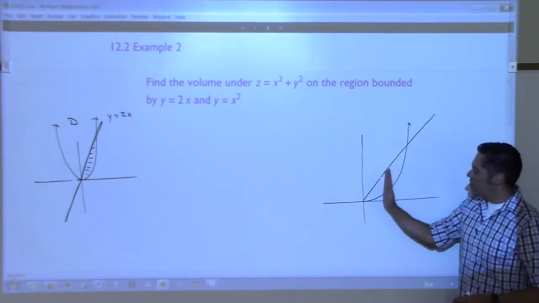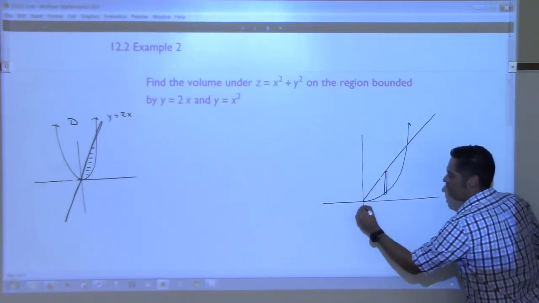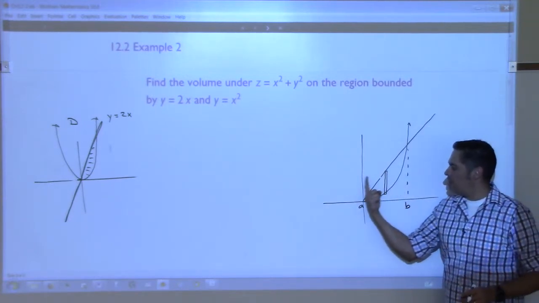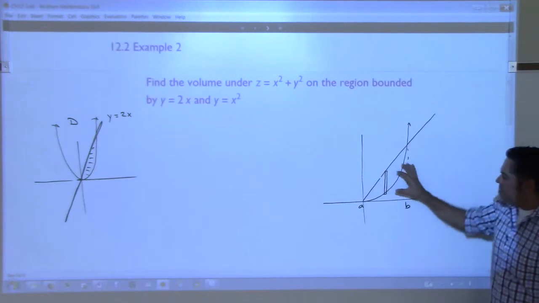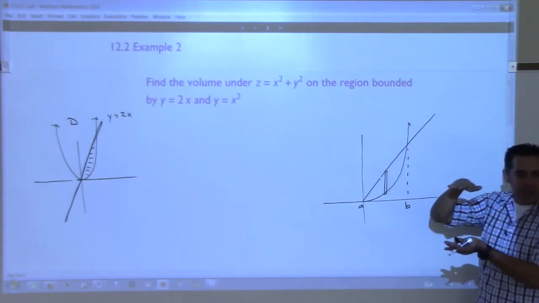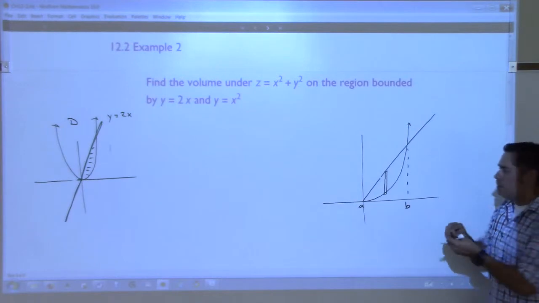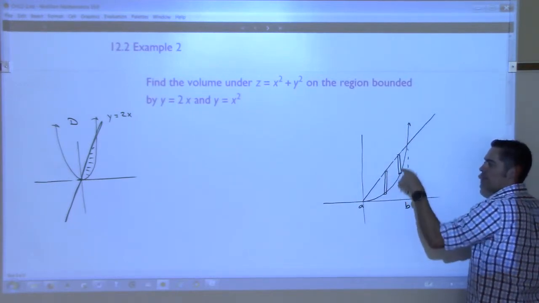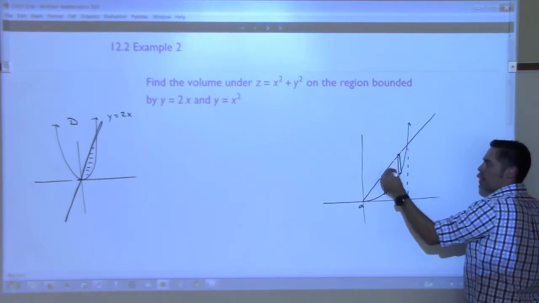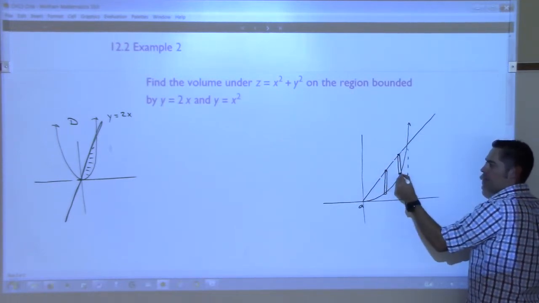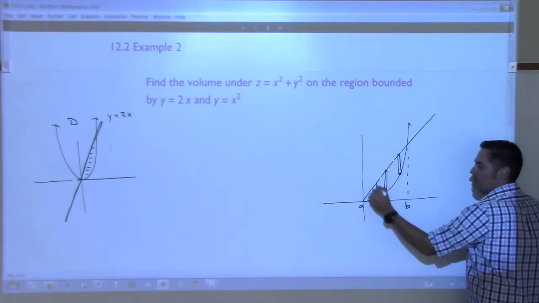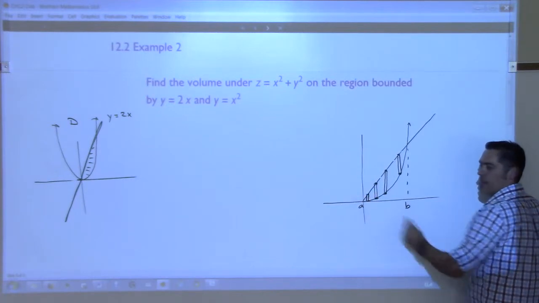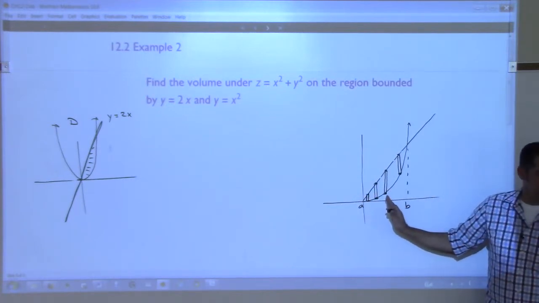If I move the rectangle to the left and to the right, between, let's say, A and B, does the top and bottom of the rectangle always stay between two functions of x? As I move that rectangle over, is the function of x on top the same one? Yeah. And down here, it's the same one, right? Doesn't matter where I put that rectangle. The top one is the line, the bottom one is the parabola, no matter where that is. That's a type 1 region.